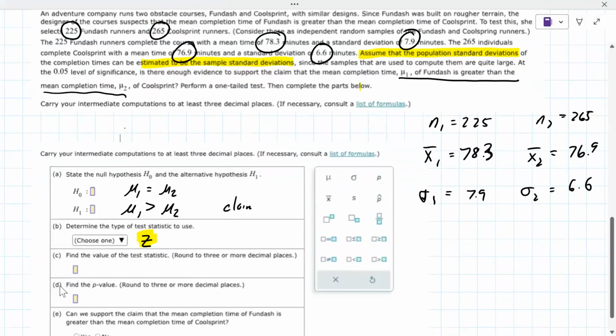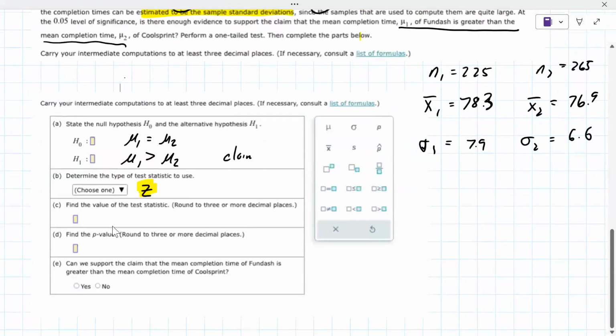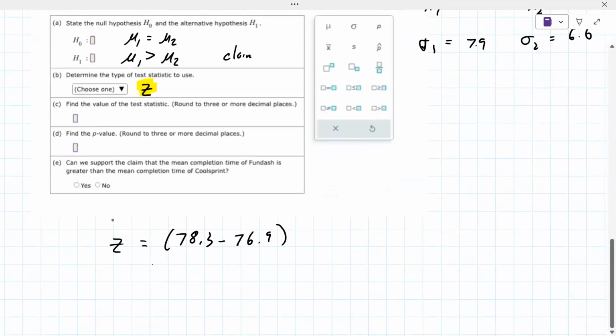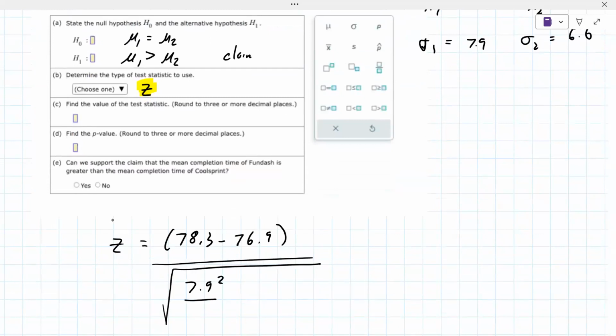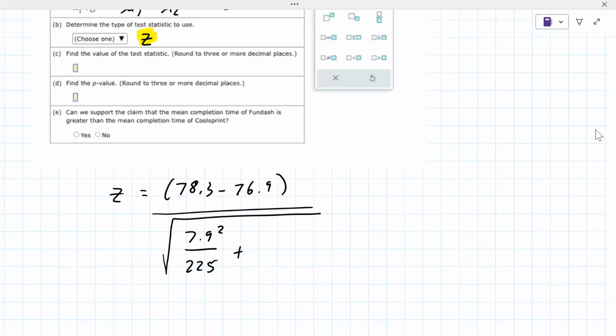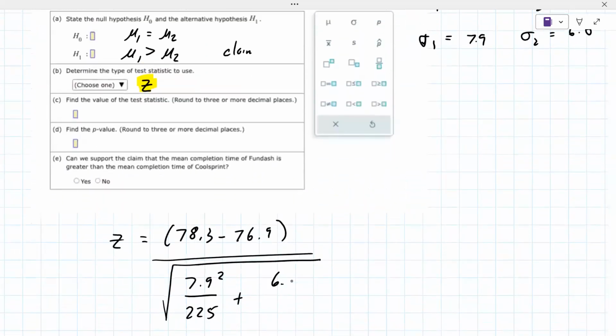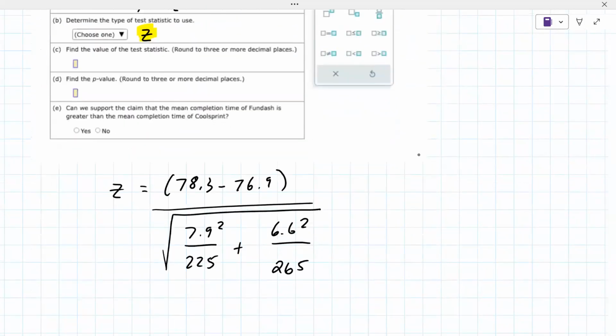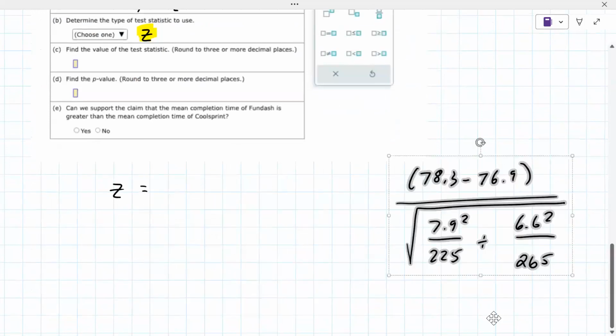To find the test statistic, that's the most work here. To actually find the z, it's 78.3 minus 76.9 over the square root of 7.9 squared over 225 plus 6.6 squared over 265. This should look really familiar to the confidence interval calculation we just did.